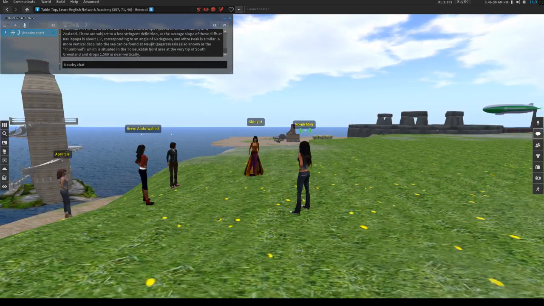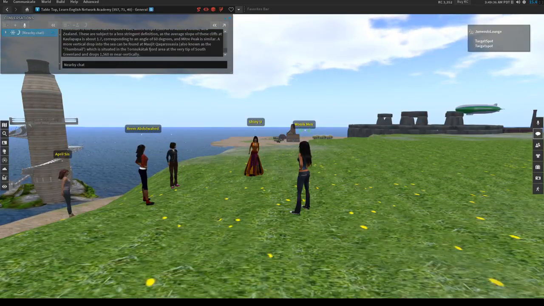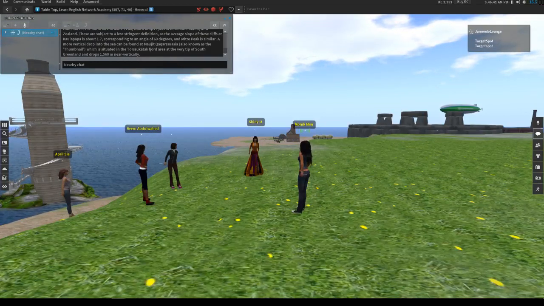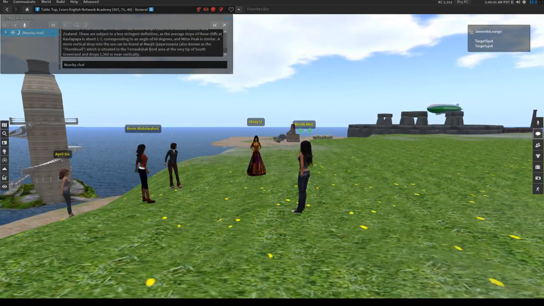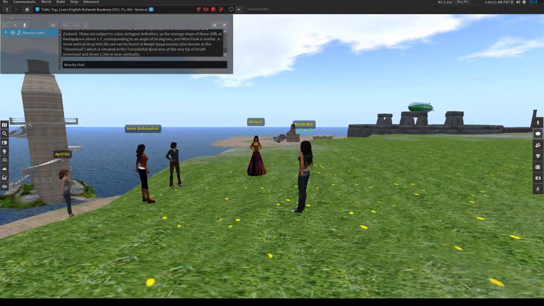Another contender is the north face of Mitre Peak, which drops 1,683 meters to Milford Sound, New Zealand. These are subject to a less stringent definition, as the average slope of these cliffs at Kalaupapa is about 1.7, corresponding to an angle of 60 degrees, and Mitre Peak is similar.